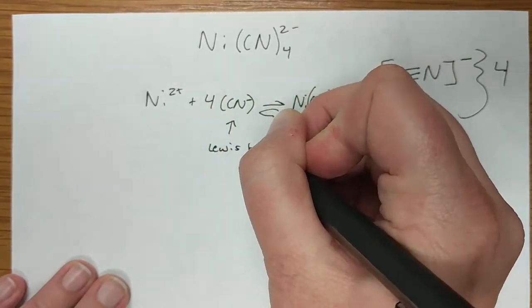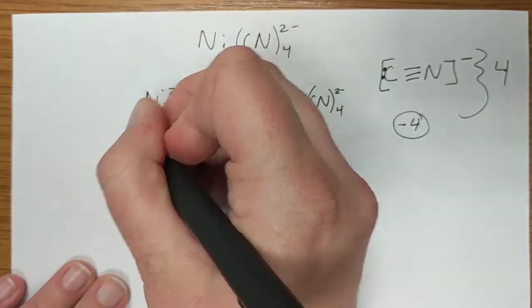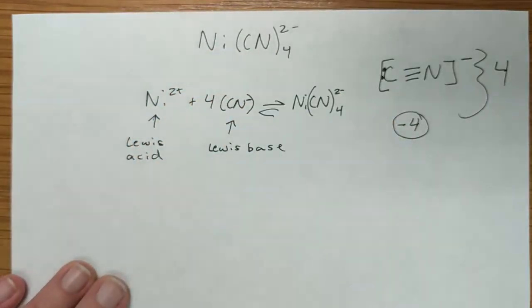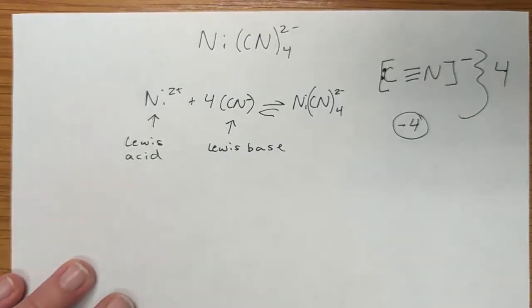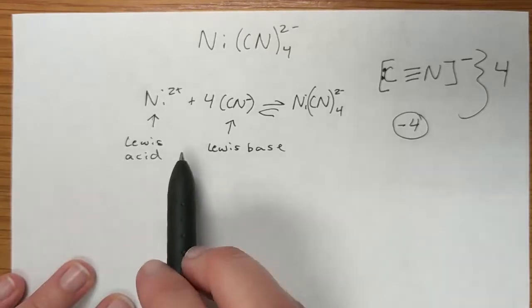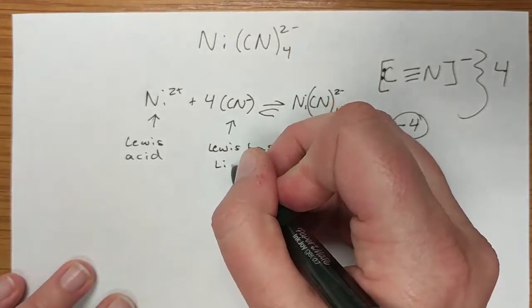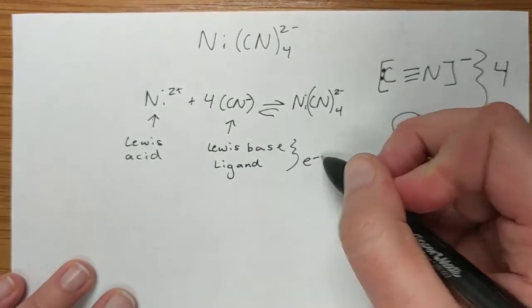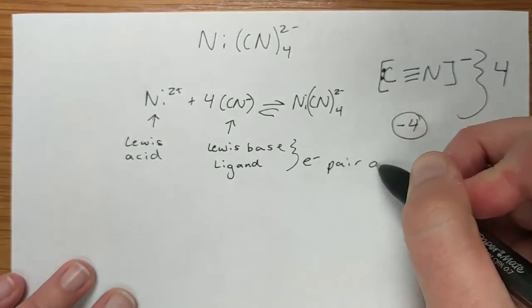So a Lewis base is our cyanide, and this is our Lewis acid. And I do recommend going back and reviewing what those terms meant from the Gen Chem standpoint. From this standpoint, we're also going to say that when this right here binds with the Lewis acid, it's going to be called a ligand. Another way of thinking about these is these are my electron pair donors.